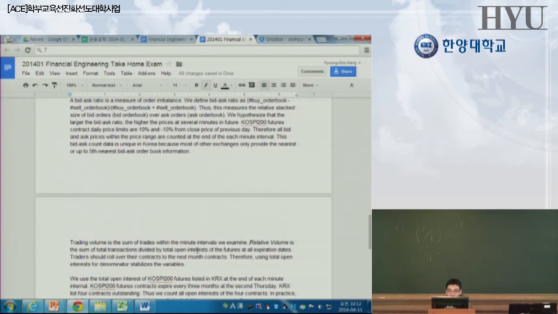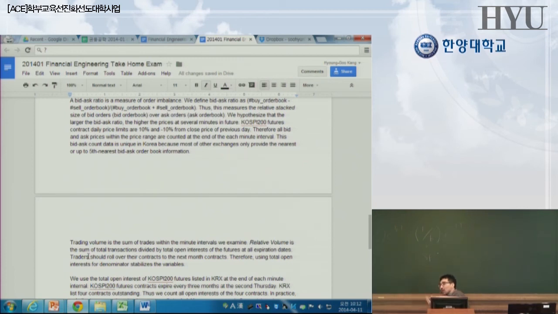We use futures at all expiration dates because traders should roll over their contract to the next month contract. Suppose a trader has a futures contract with an expiration date, and we are near that date. If they don't close that position and buy a longer one, it will expire.